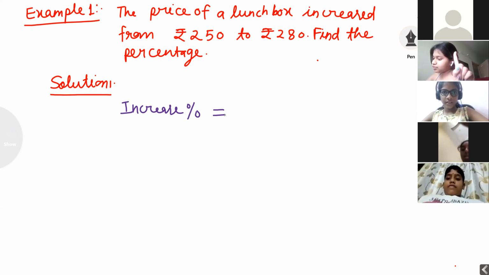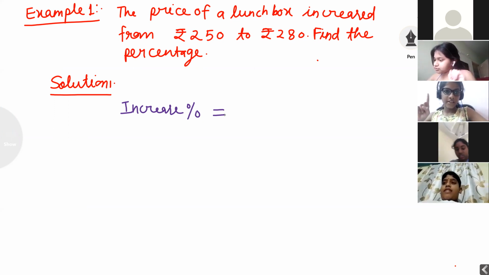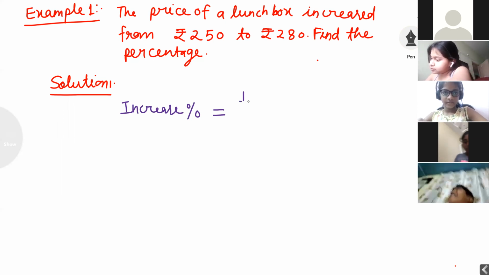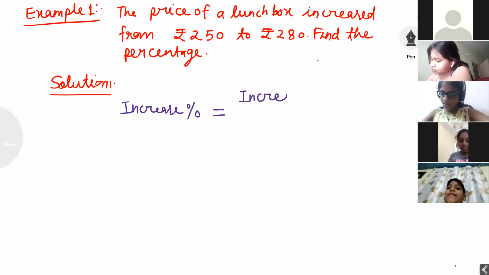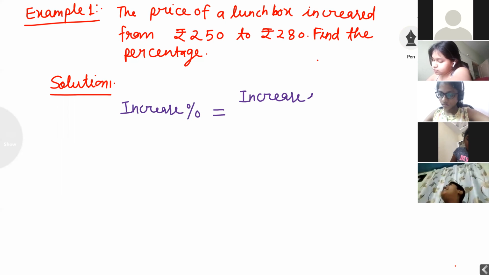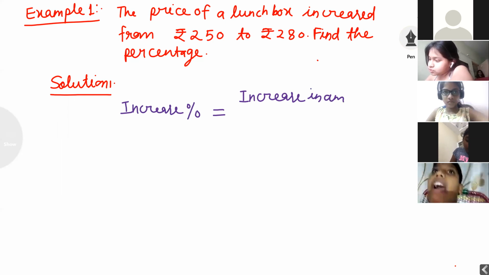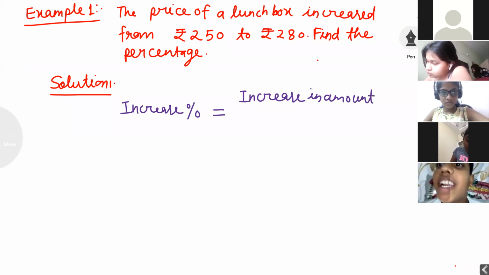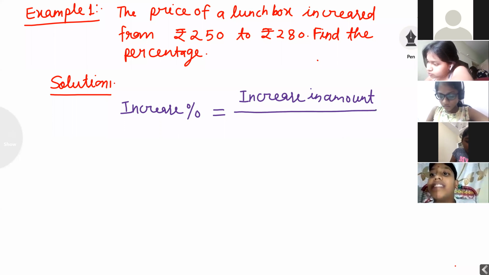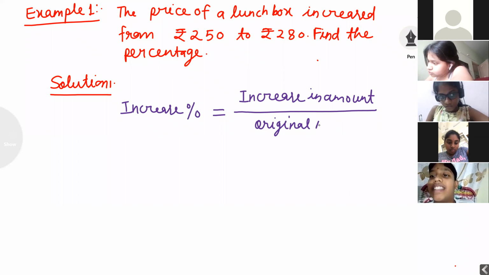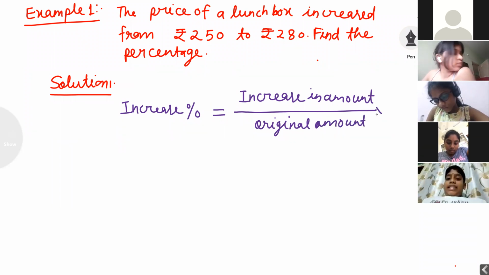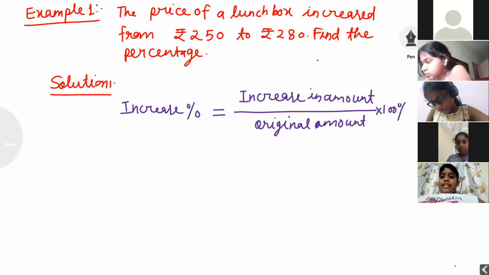First or second? First only, right? Increase in amount by original amount into 100%.